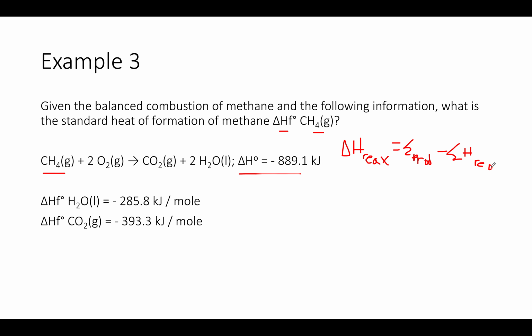And that's what we're actually solving for. We're solving for the heat of the reactants, or methane. So let's find the heat of the products. We have 2 moles of water, so we're going to times 2 times negative 285.8.